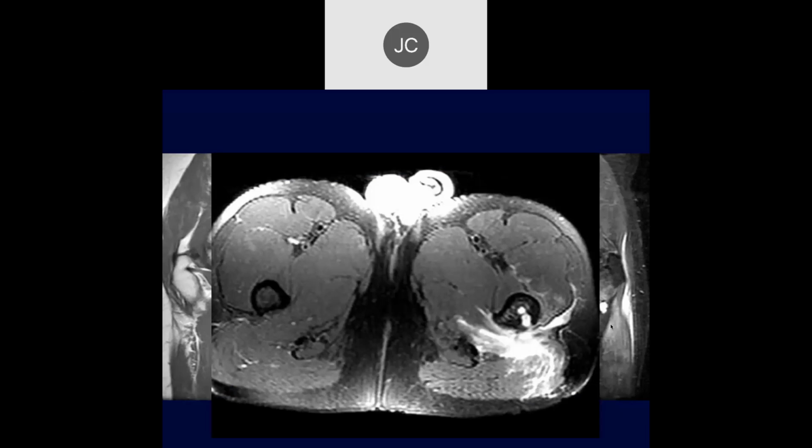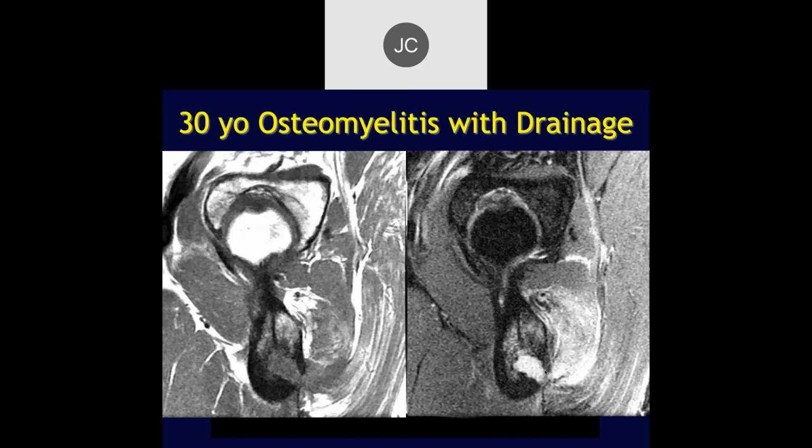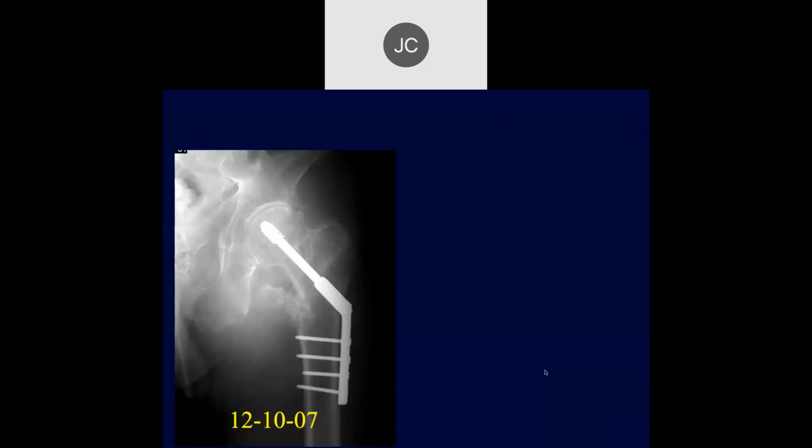It could be an infection. There was not a draining sinus. You have to kind of think about that looking at this. So this was osteomyelitis, and it broke through the cortex and extended out into the soft tissues with drainage.